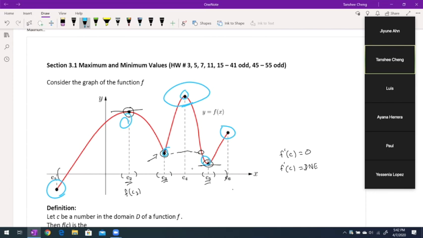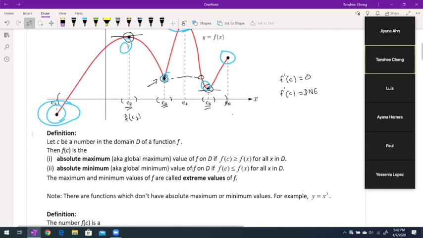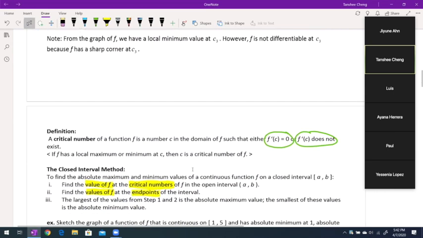And you can see that the absolute minimum is at this endpoint right here, because this is the smallest function value. I mean, not the only negative value, but the smallest function value right here. So this is what we need to remember.